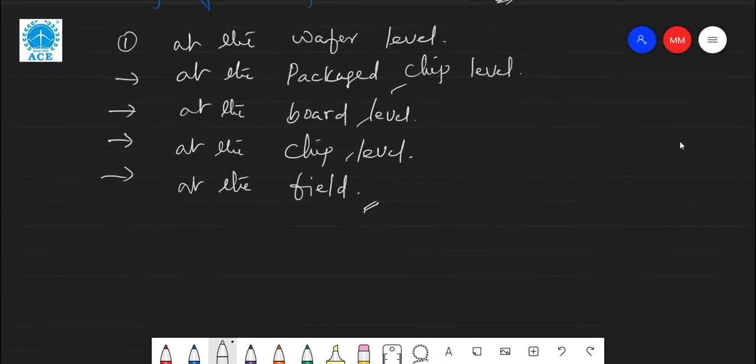If we detect a fault in manufacturing chips at the earliest stage, then the manufacturing cost can be reduced or will be low. So we need to find the defects at these levels earlier, then the manufacturing cost will be less.